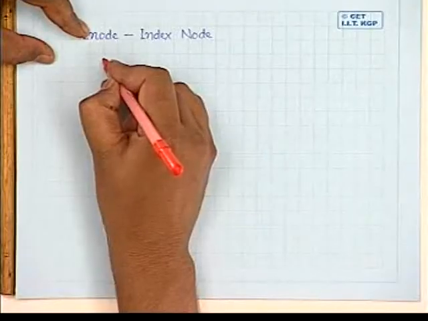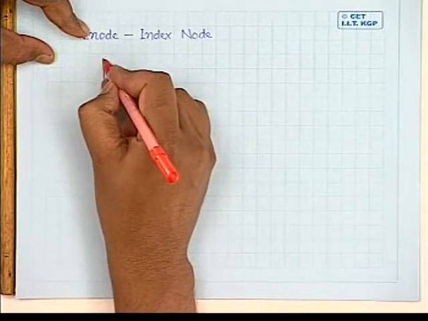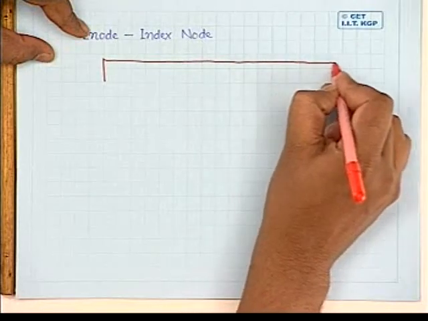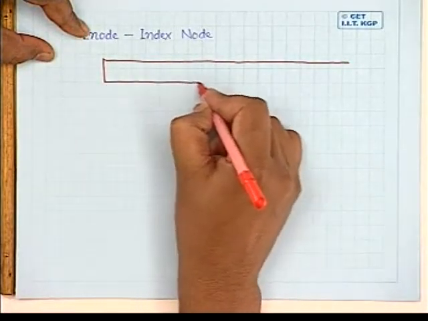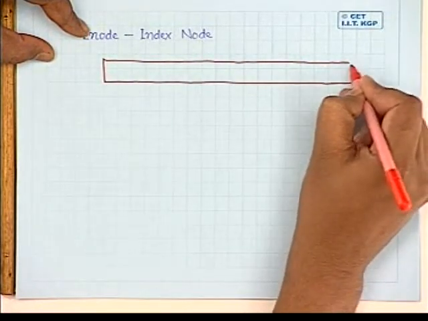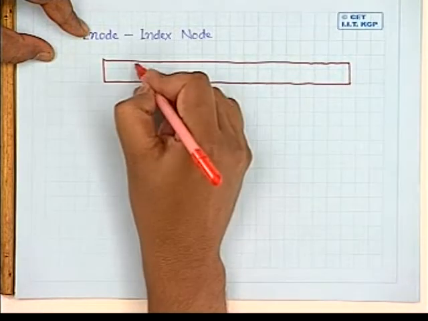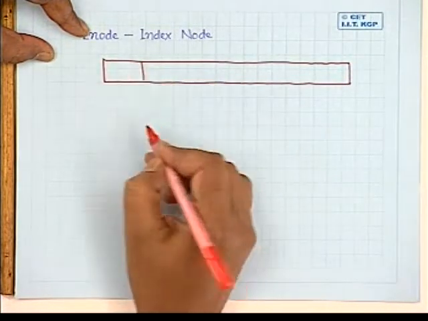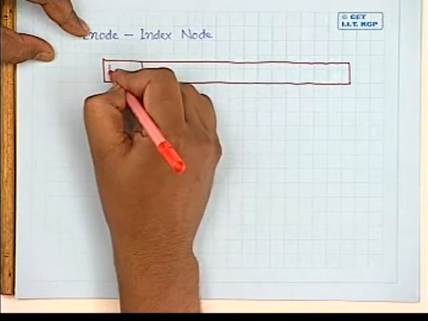So if you look at the disk layout, it is something like this. As we said, the disk consists of a number of blocks. Different blocks on the disk will contain different information. So let me put this as a linear map. We'll have an initial block, which is called the boot block.